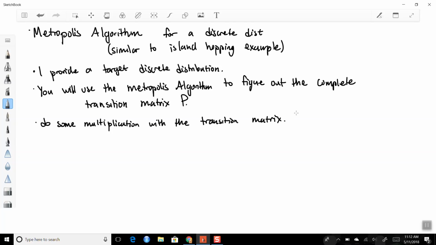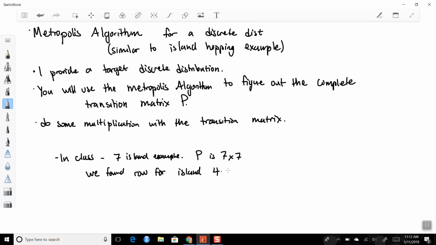So in class, we had a 7-island example, right? And so our transition matrix P is 7 by 7, and we found the row for island 4, and I think also for island 0 and 7, or island 1 and 7.